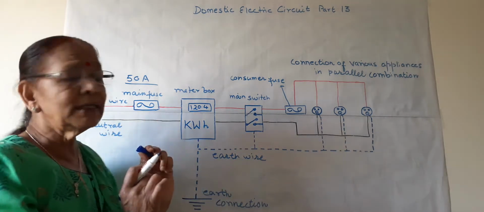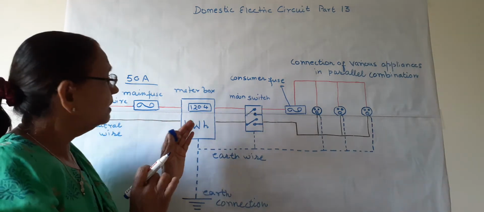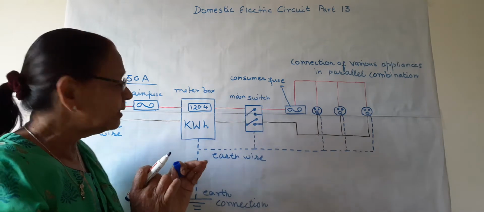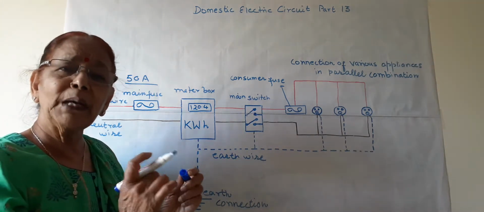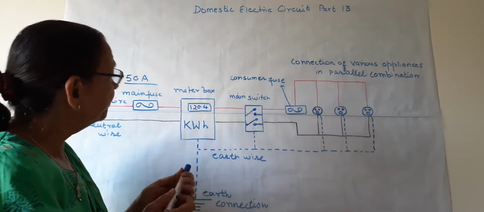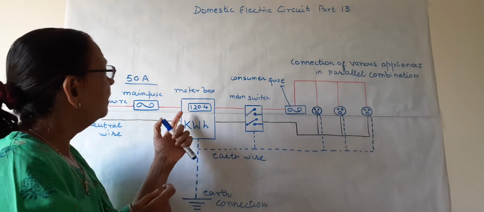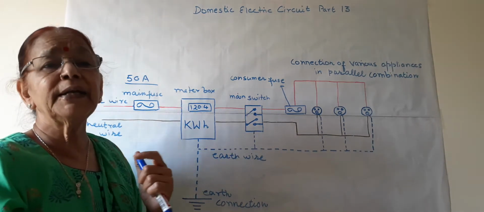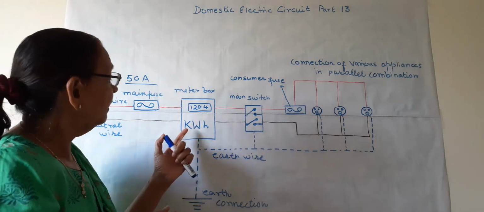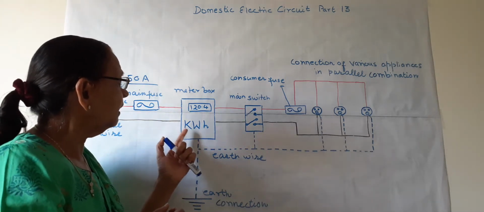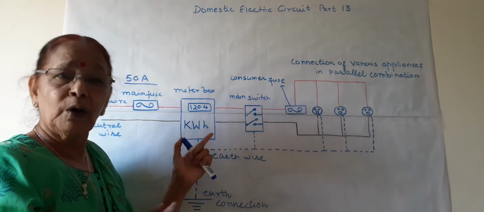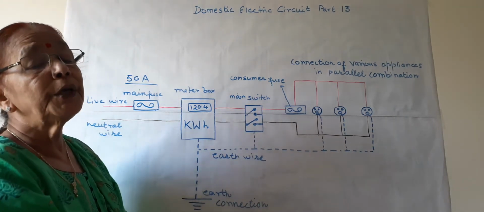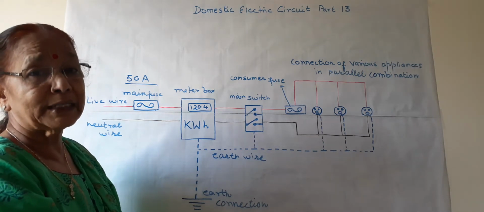both enter this meter box. Inside the meter box, an electric meter is present, which is also installed by the electricity board. It has a glass window from where we can read the reading, and this reading is in kilowatt hour. All of you know that kilowatt hour is the commercial unit of electricity.